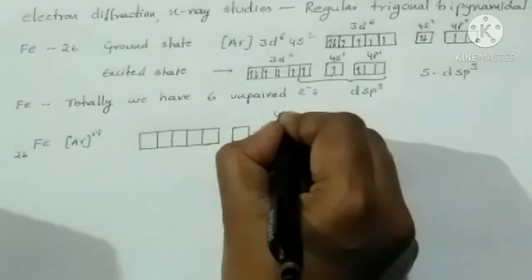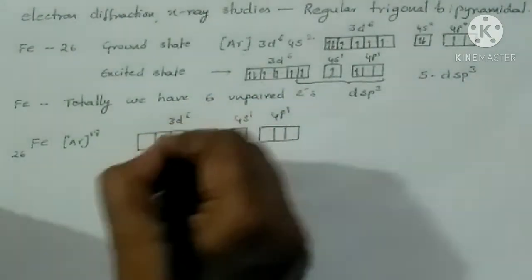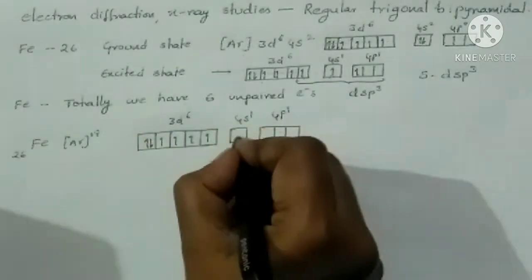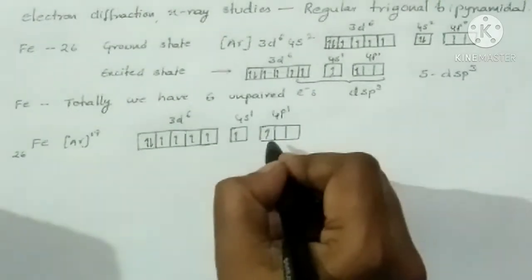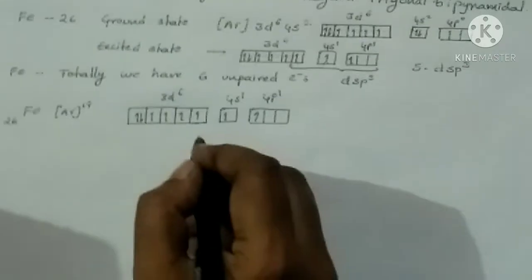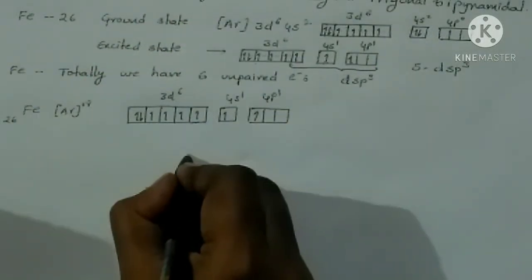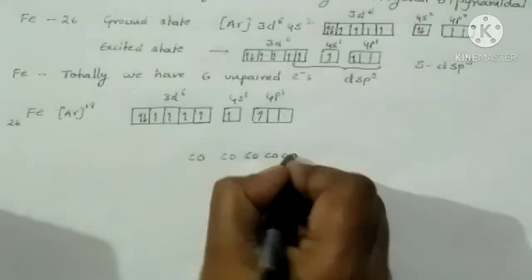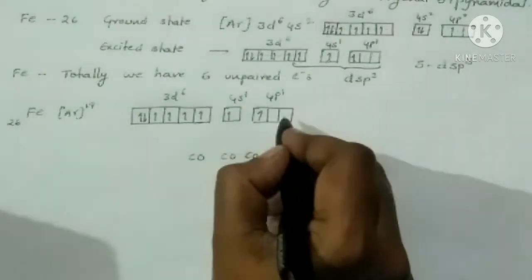So here 4p1, 4s1 and 3d with 6, 4, 5 and 6, here 1 electron and here 1 electron. So this is showing dsp3 hybridization, and also we have 5 carbonyl groups that are attached with iron. So these 5 carbonyls come like this, and these 2 empty orbitals are there in 4p orbital.